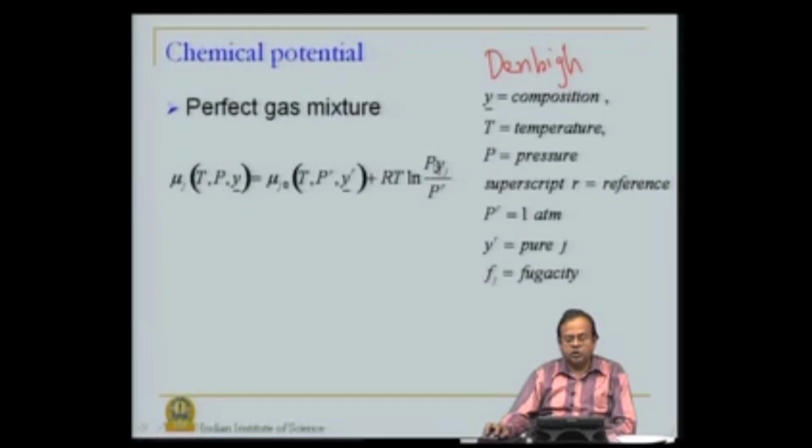P is the total pressure, y_j is the mole fraction of component j, so P y_j is nothing but the partial pressure of component j divided by the reference pressure.